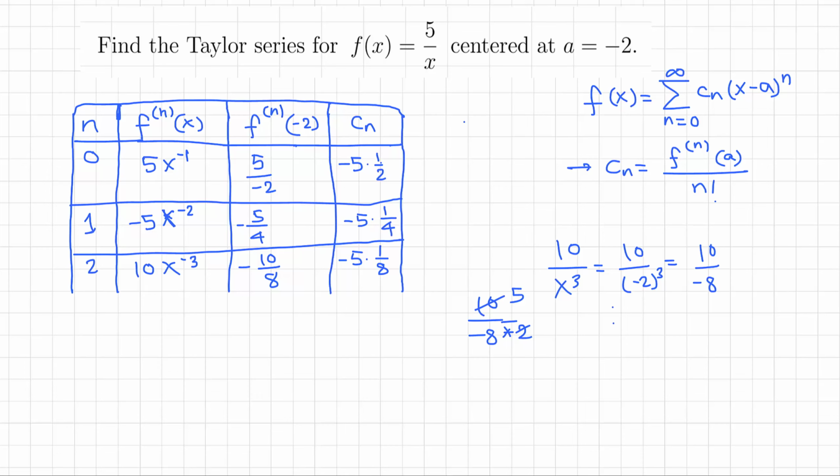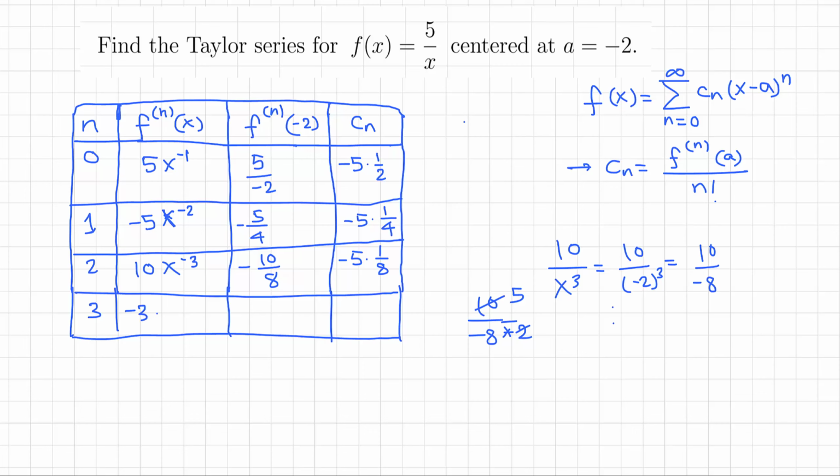Now we kind of have the pattern: 1/2, 1/4, 1/8. If we try the third one, it would be negative 5 times 1/16. That's kind of not needed because we already saw the pattern, but let's be certain 200%. Find the derivative: negative 3 times 10 is negative 30, x to the negative 4, that is negative 30 over x to the 4th. x is -2, so (-2) to the 4th gives negative 30 over 16.